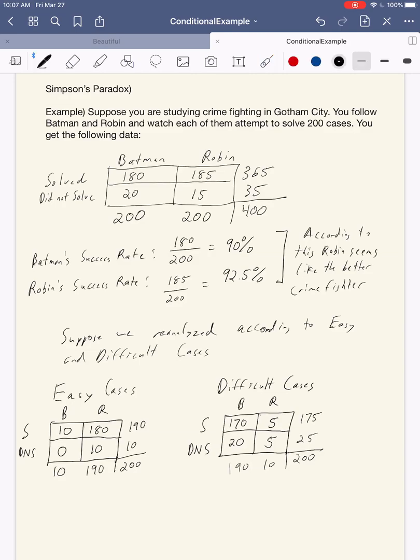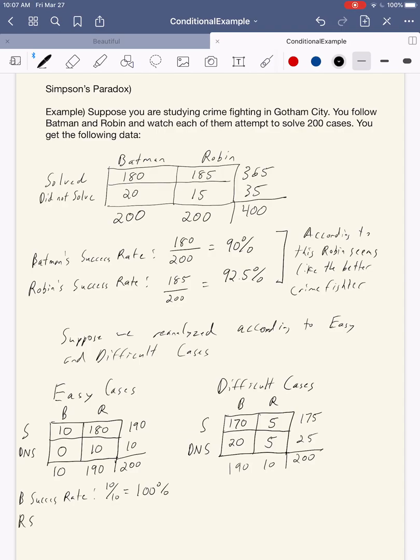So let's get their success rates in each of these different cases. Batman's success rate: he solved 10 out of 10 easy cases, which is 100%. Apparently, he solved 100% of the easy cases he worked on.